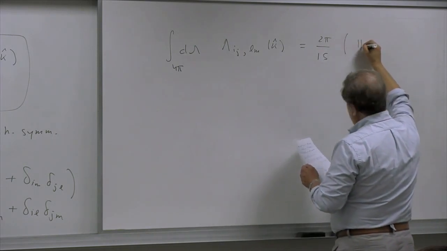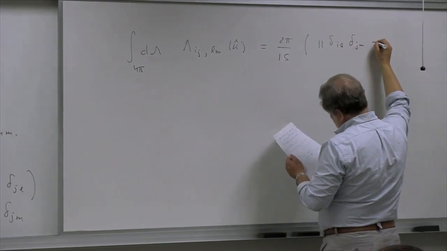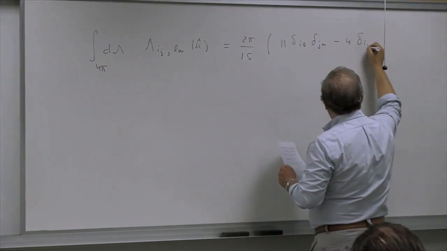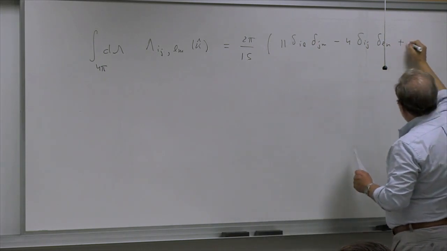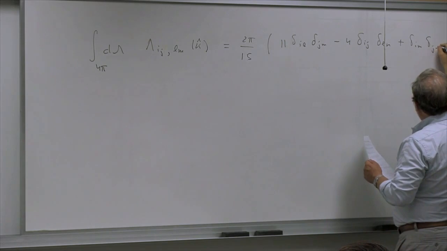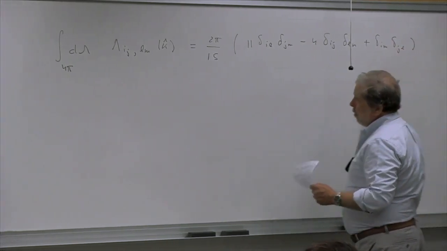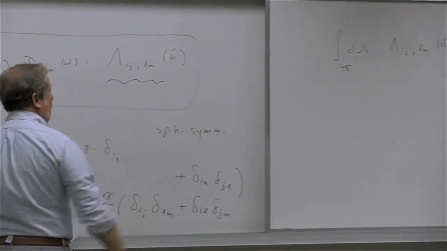And now we have 11 times delta il delta jm minus 4 delta ij delta lm plus delta im delta jl. Okay, so that's all there is to it, to the angular integral of this guy here.